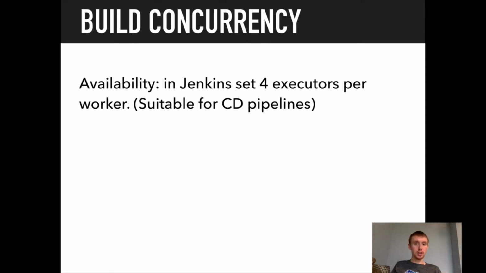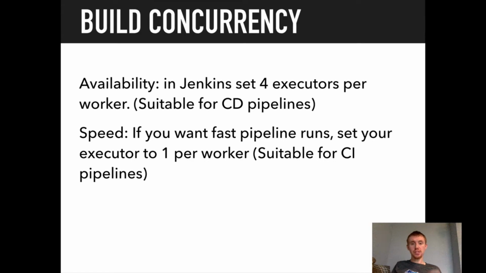Therefore, in theory, your jobs will receive 25% of the available CPU and hard drive. In terms of CI pipelines, it's more appropriate if you have 1 executor per worker on your large instances, and therefore your CI pipelines will have 100% of the available CPU and IOPS.